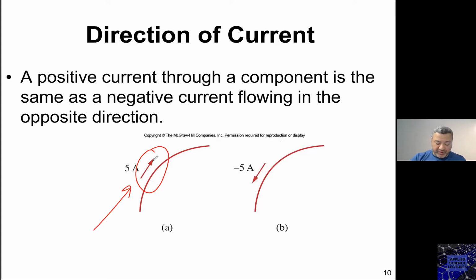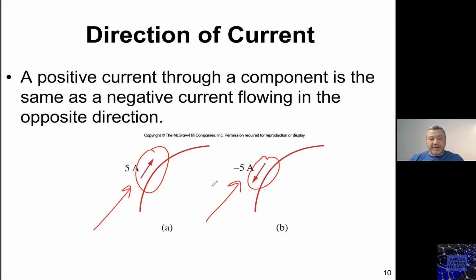Based on my reference here, I know that the current going in this direction is 5 ampere. Then if I am to describe this current pointing in the other direction than my reference here, then I should be saying that this current is right now based on this direction as minus 5 ampere.